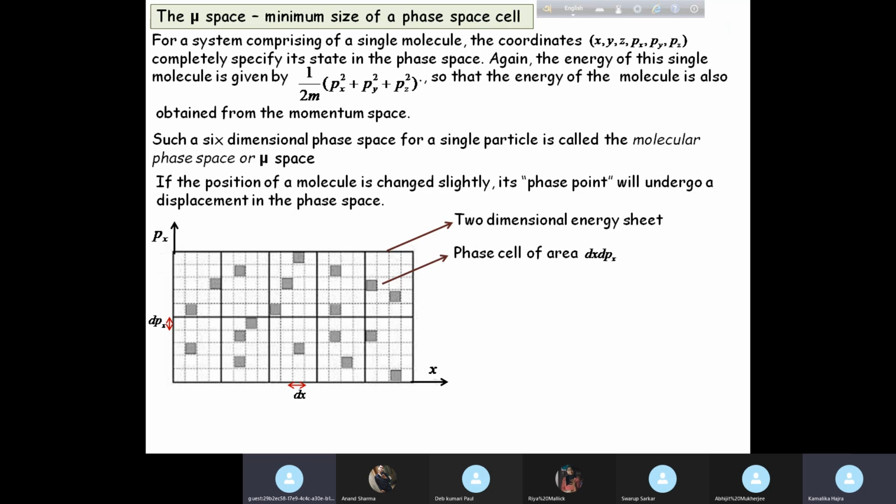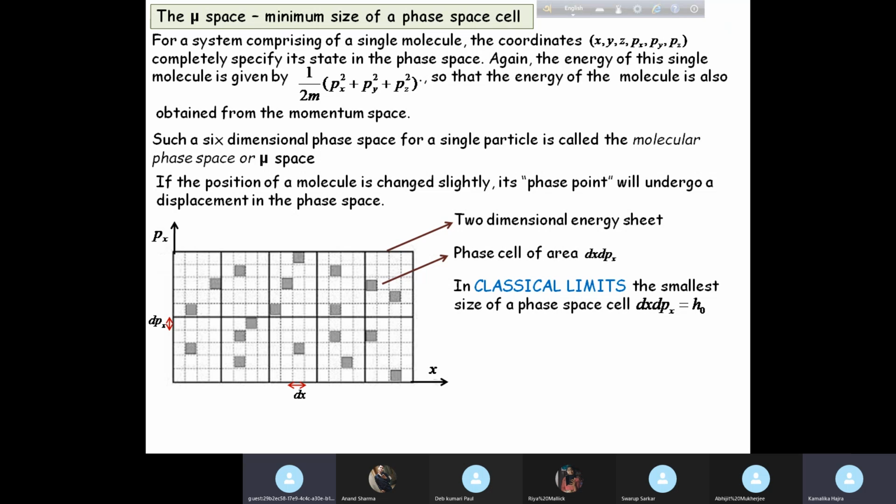So the phase cell, we call these the phase cells, has an area of dx dpx. Okay. And the volume of a particular box in the phase space will be d tau equal to dx dy dz dpx dpy dpz. All right, 6 dimensions.